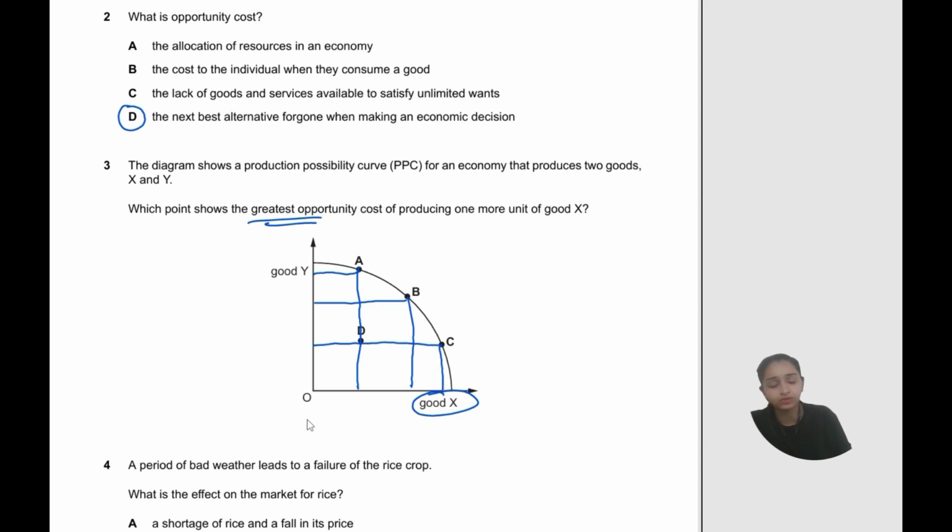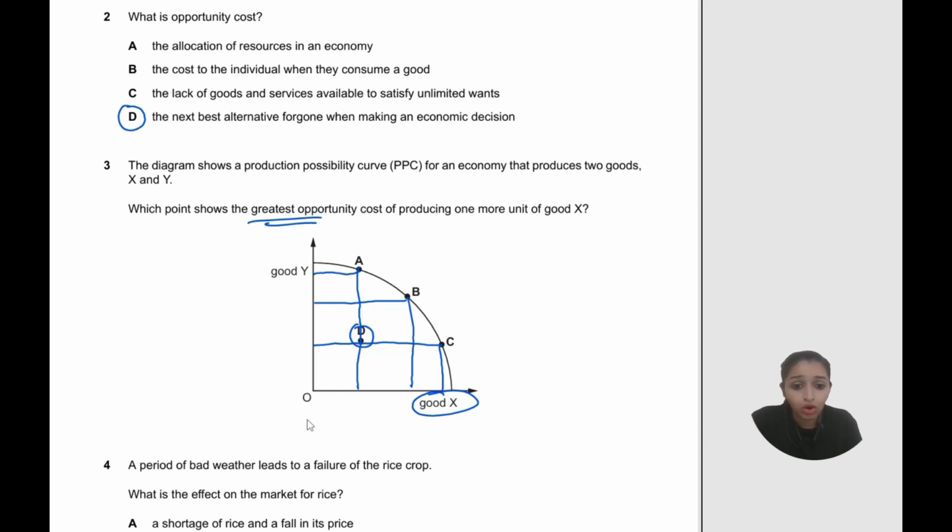Point D does not have any opportunity cost for producing an extra unit of X because the economy is not utilizing all the factors of production in the most efficient manner. They're underutilizing. So if from point D you're moving to A, B, C, or towards any point on the PPC, you're only going to be reaching the most efficient point. So D is not an answer.